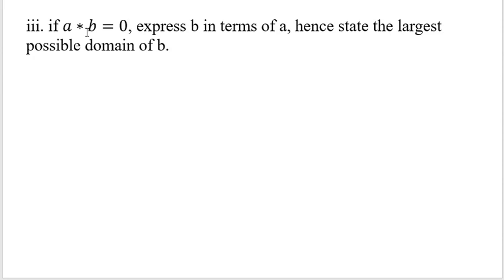When you are done, try making B the subject. Make sure that B stands on one side of the equal to sign, such that on the other side you are going to have A there. When we are done, then we try analyzing the expression, that is by finding the domain.